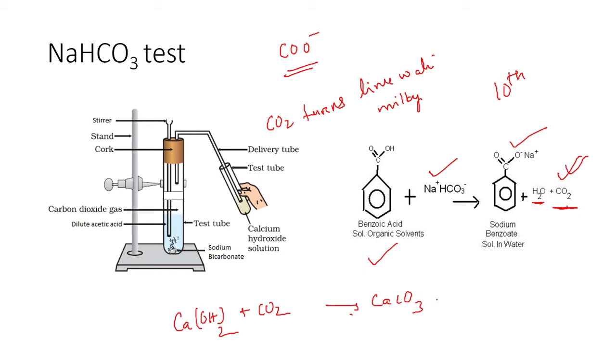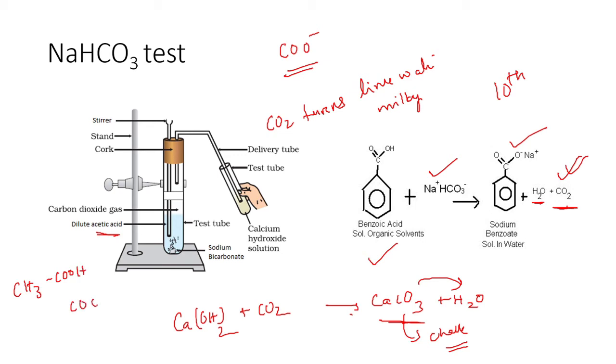The H2O, let me write. So this CaCO3 is calcium carbonate, which is present in chalk and all, so it gives a milky appearance with water. That's why I have given this diagram where sodium bicarbonate is taken and dilute acetic acid, CH3COOH, is added.